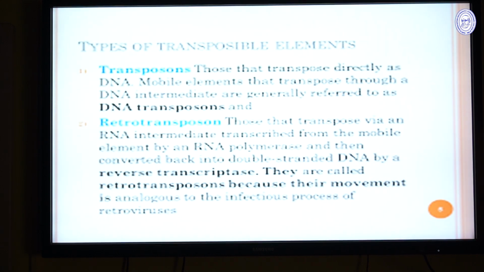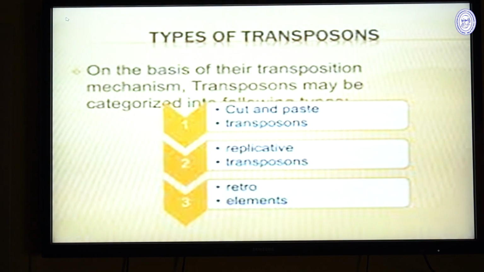So this is what actually happens in the retrotransposons also, and they must have an RNA intermediate, they must have RNA polymerase, and they must have the reverse transcriptase enzyme, with the help of which they can synthesize their cDNA and finally create a double-stranded DNA. They are called retrotransposons because their movement is analogous to the infectious process of retrovirus. It is just typical to the type of replicative mechanism that the retrovirus undergoes.